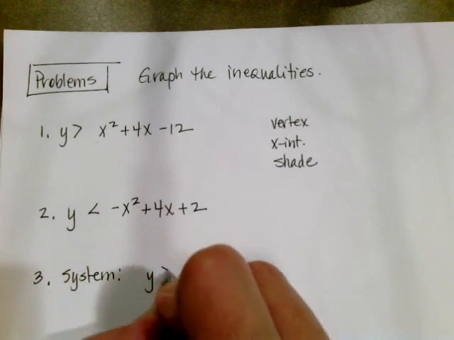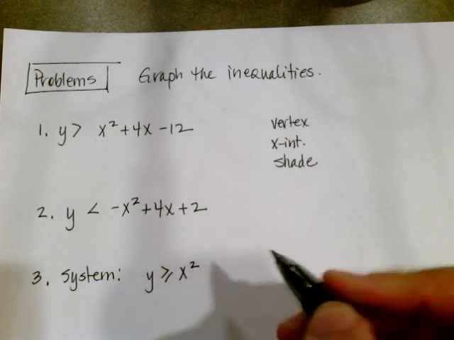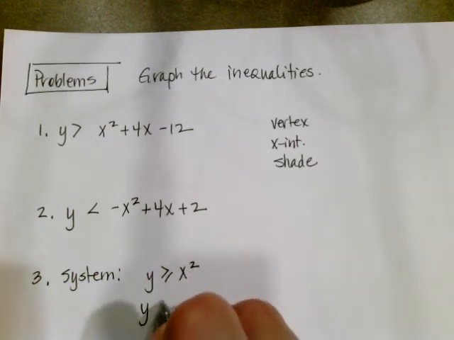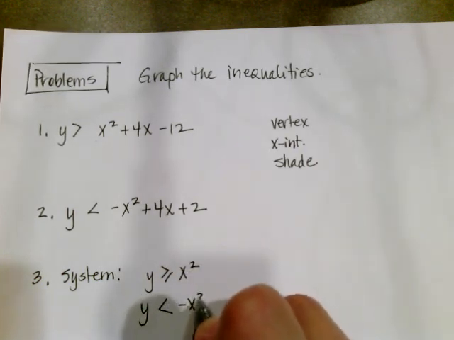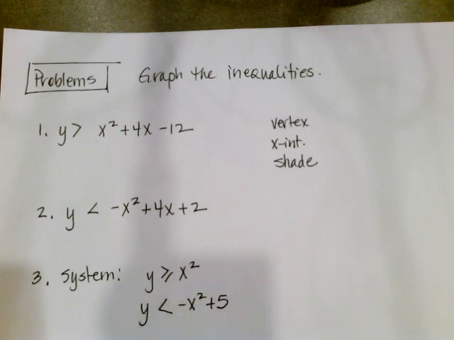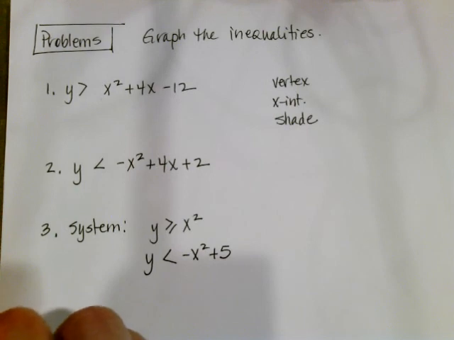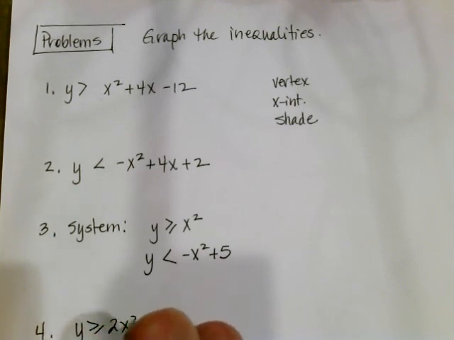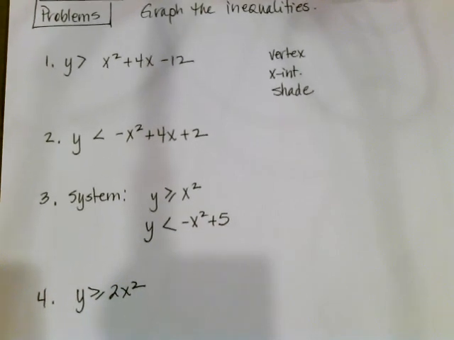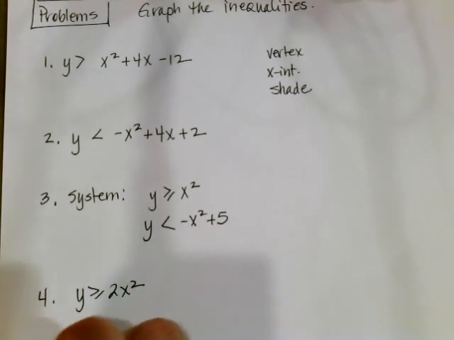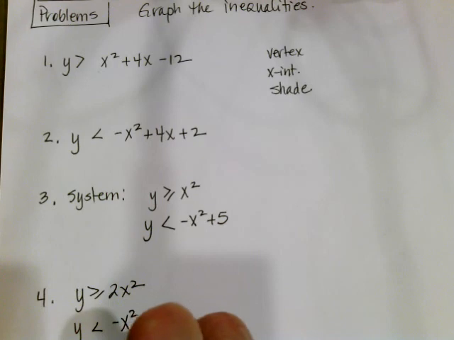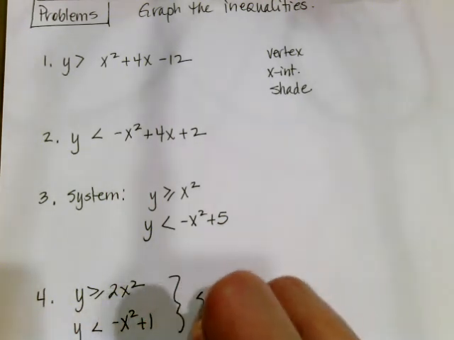It's going to be y is greater than or equal to x squared, y is less than negative x squared plus 5. And then one more, so you just have 4. You're going to have y is greater than or equal to 2x squared, and y is less than negative x squared plus 1. And again, this is a system.